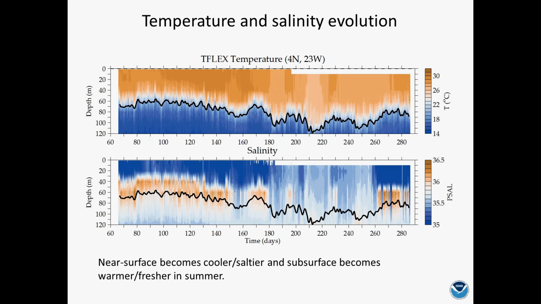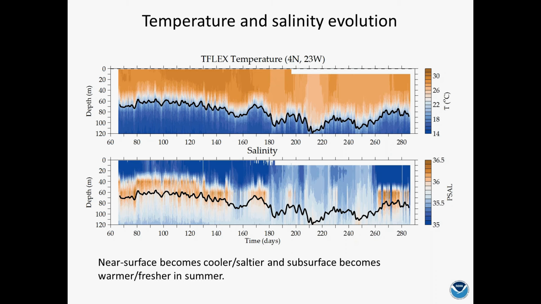Okay, so this is the temperature data set and the salinity data set. And so you can see, again, that deepening of the 20C isotherm, which is the black line. And getting back to Bill's question, this is what's happening with the mixed layer. You see that you have a very strong salinity signal here that is affecting the mixed layer depth.